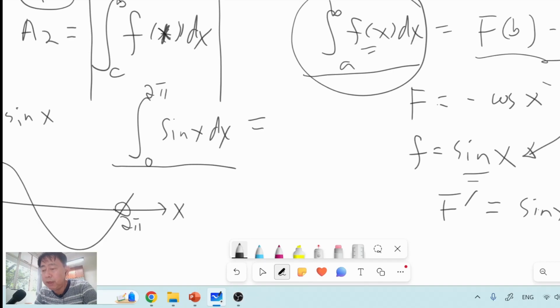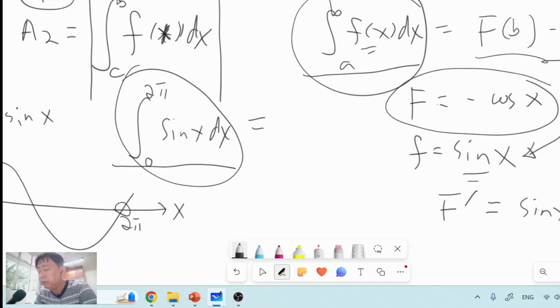Now, once we have worked out the antiderivative of the sine function, which is minus cos x, then this definite integration is equal to the antiderivative evaluated at the upper limit minus the antiderivative evaluated at the lower limit. Here we have capital F at 2 pi, which is minus cos of x at 2 pi.